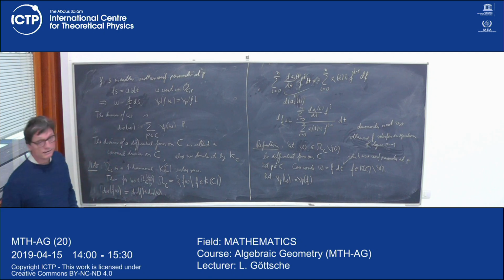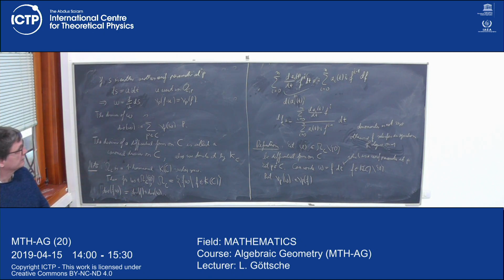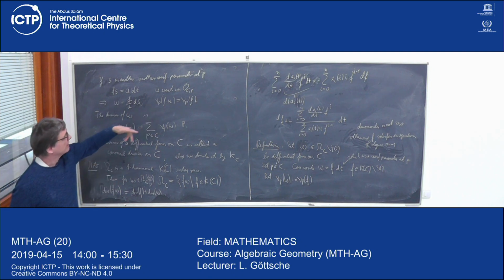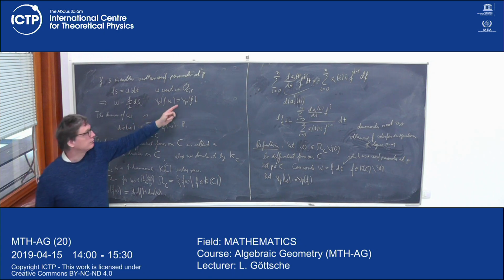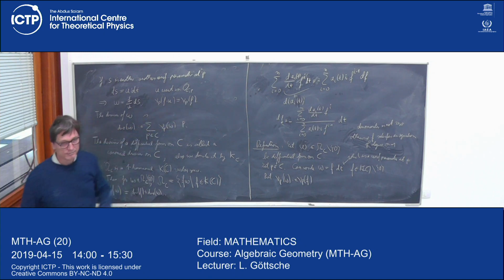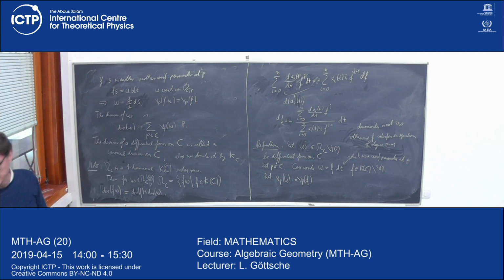For every point p, the multiplicity at p is the multiplicity of f plus the multiplicity of omega. If I call this function g, it becomes nu p of g times f times u, so nu p of f plus nu p of g. And for every point, this means the divisors add.